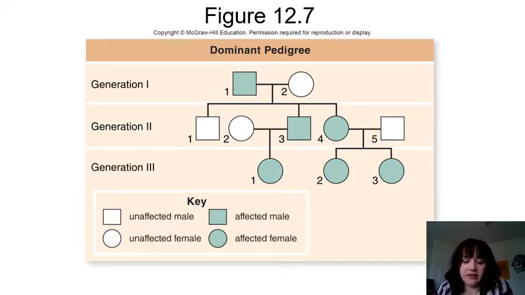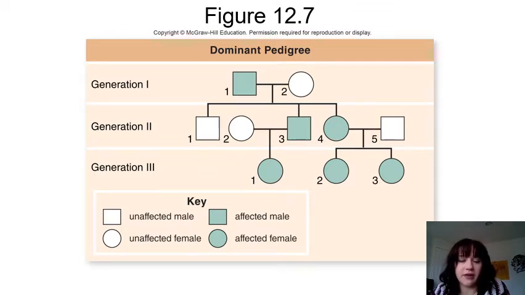In this case, we have generation 1. The father has the disease allele, the mother does not. And in the offspring, we can see that some of the children have it, some of the children don't, right? And we can see that in every single generation, somebody is affected by this disease because it's a dominant trait.